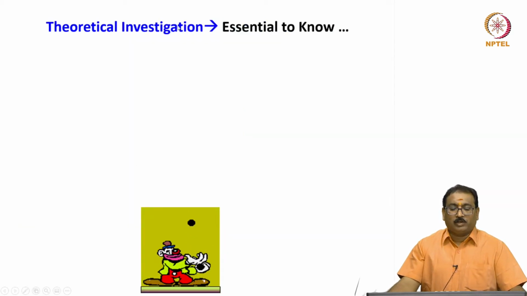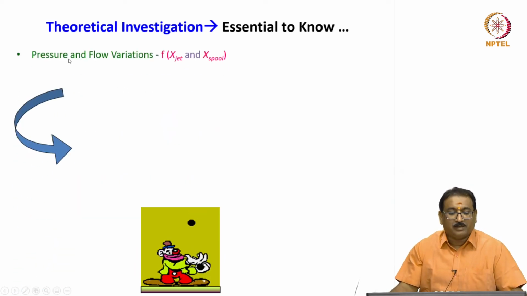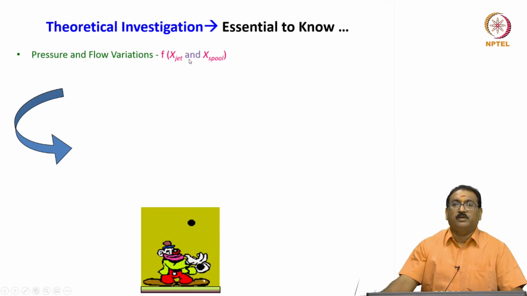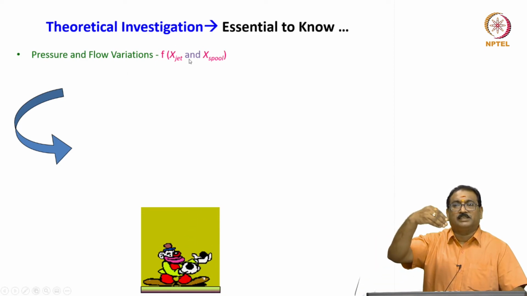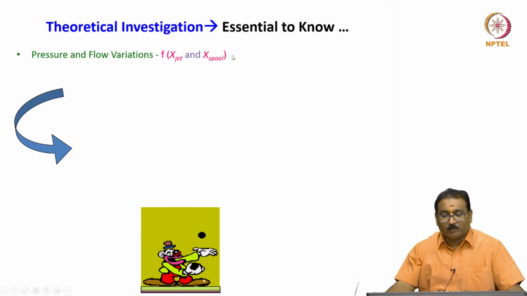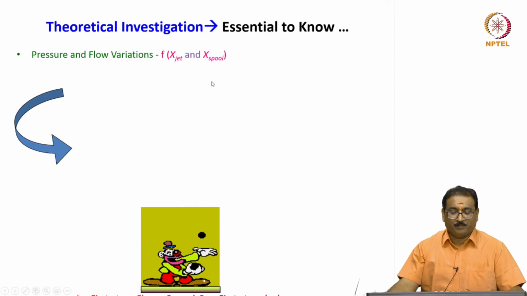Now quickly I will tell you the theoretical investigation essential to know the pressure and flow variations, which are a function of jet pipe motion over the receiver plate. As the spool moves, you have to know what the pressure and flow going to the actuator are.